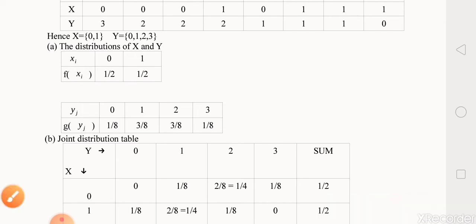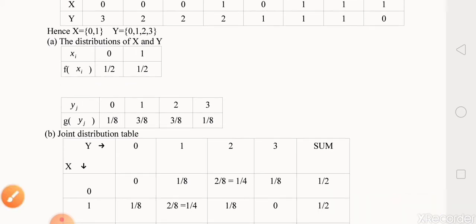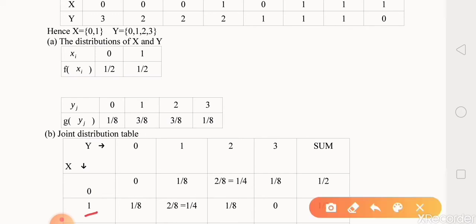Now consider the next row, X equal to 1, Y equal to 0, the joint probability. Consider X equal to 1 cases, X equal to 1, Y equal to 0, 1 value out of 8 values. So joint probability is 1 by 8.